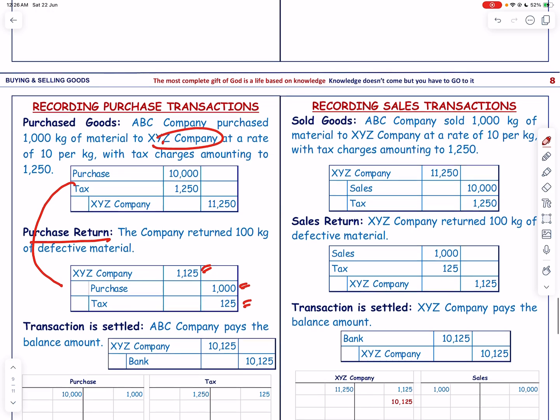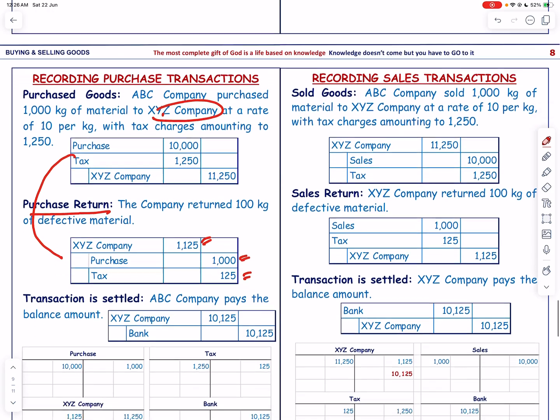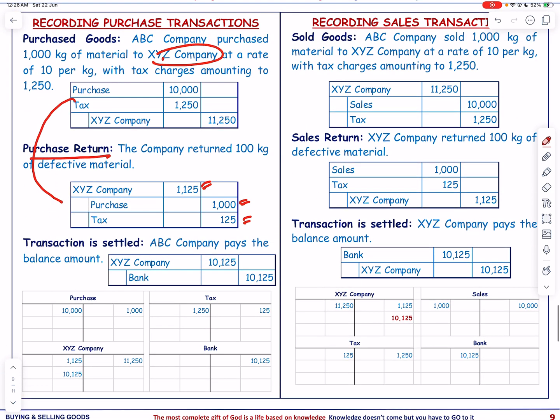Now let us see how we are going to record it. So there was a purchase return, we have reversed it, and then they have settled the transaction. So the journal entry, you can see purchase is debit by 10,000, taxes by 1250, XYZ company is credit by 11,250.